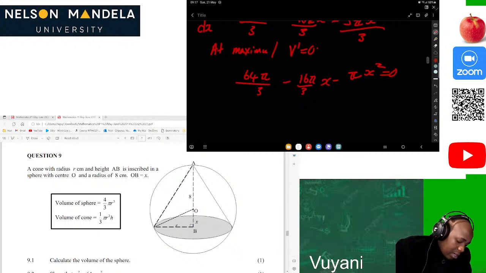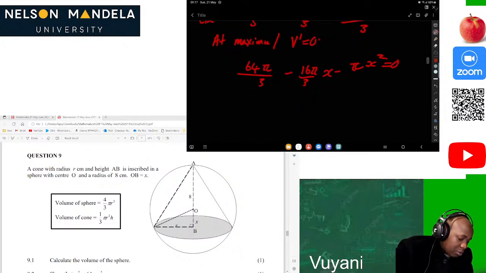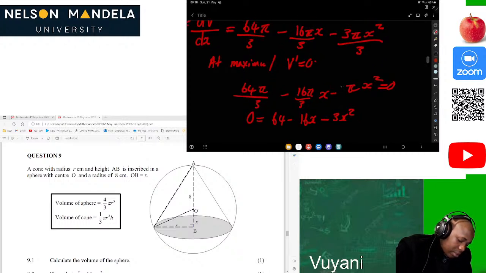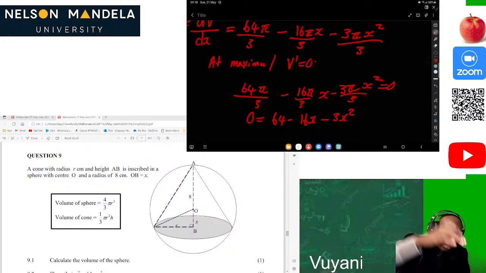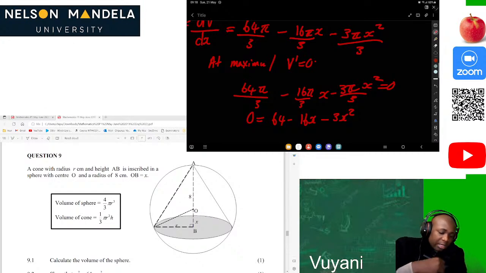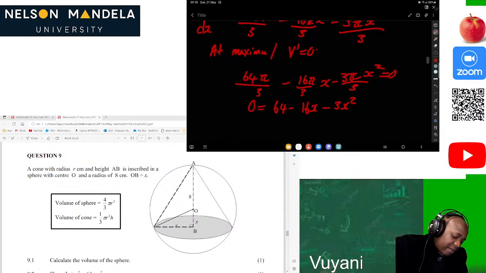Okay, now divide and make everything nice. Then we have 0 is equal to 64 minus 16x minus 3x squared. Let's put it back so that we don't get confused. They all have the same denominator, so there was no need for us to cancel that fast early.